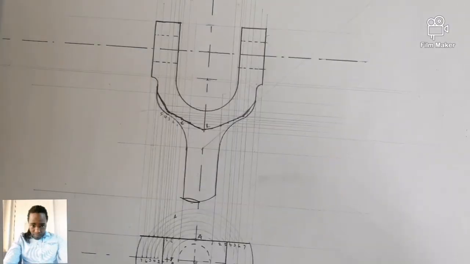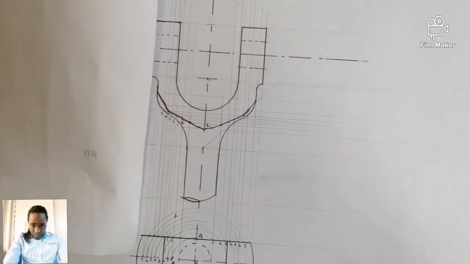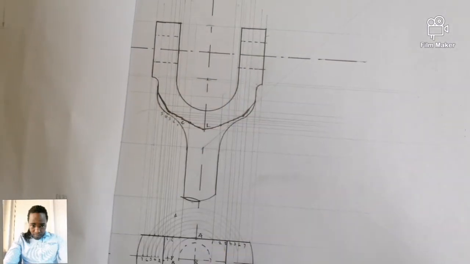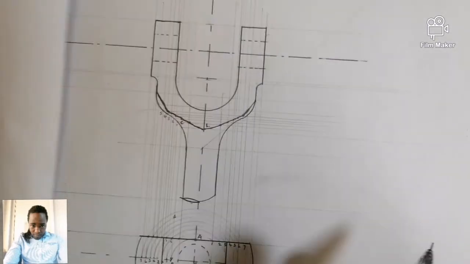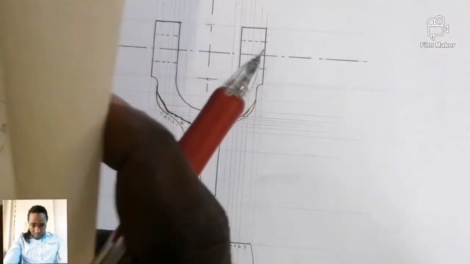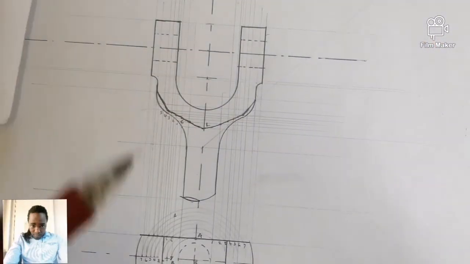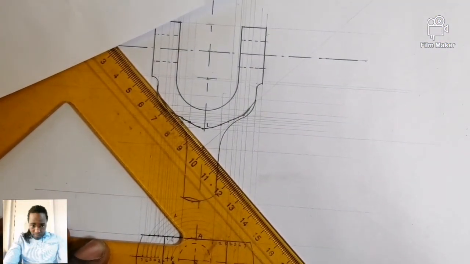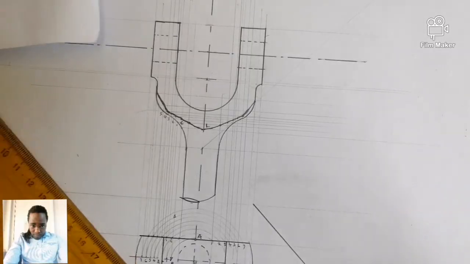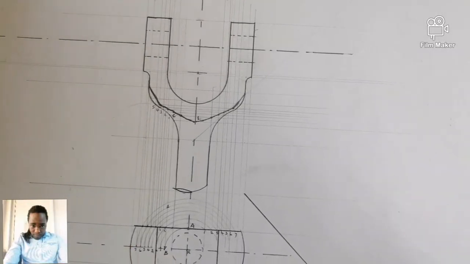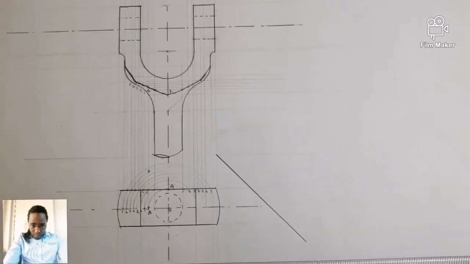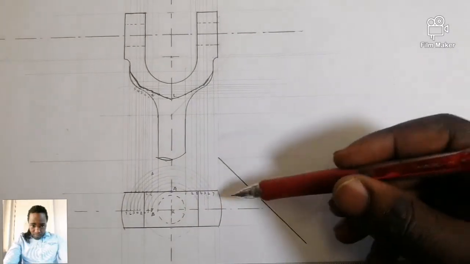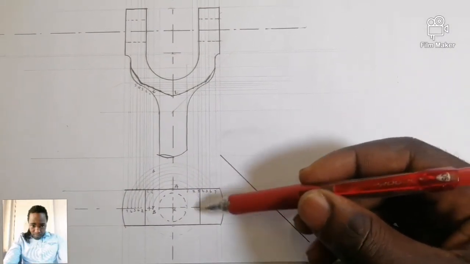You understand? So they didn't say draw the left view, because this is the front, this is the top. So your left view was going to be somewhere here. You are going to have a line that is like this. Then from there you take all the lines right from your top view.